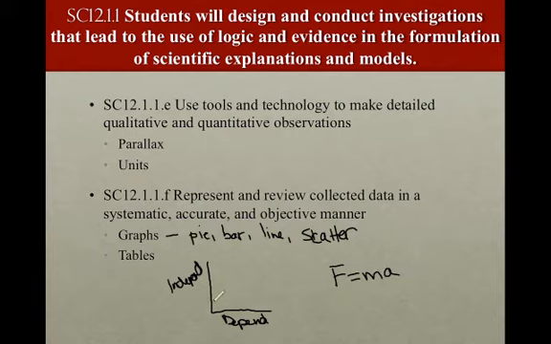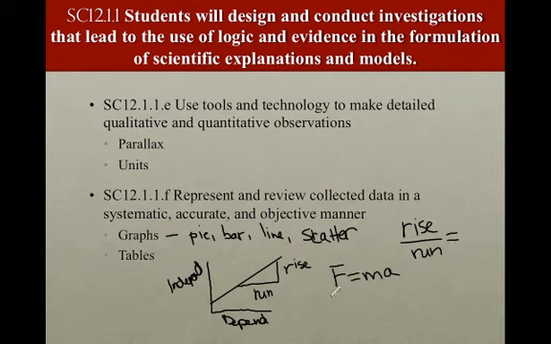Now, if we have a linear graph that looks like this, we could solve for the slope, and it would be rise over run. What would be the perspective? It is a right triangle. What would this equal?